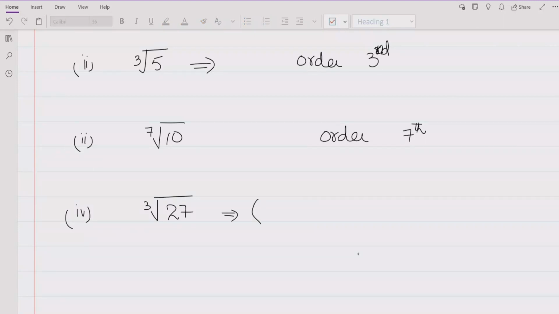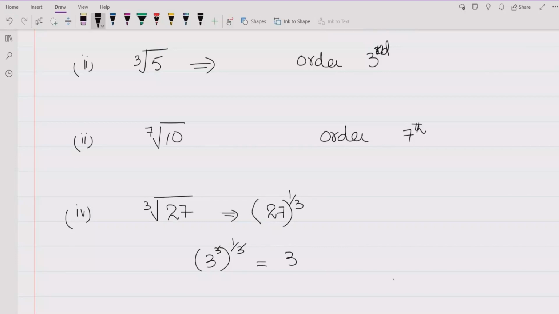If we solve it, 3 to the power 3 and then 1 upon 3, so the 3s cancel. Now we have the answer 3. So this is not a surd. This example shows that this is not a surd because it does not have any radical sign.